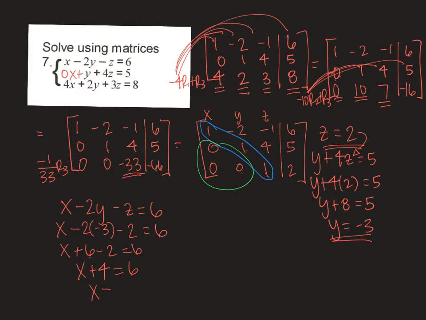And when I subtract my 4, I get 2 for x. And just like we did in the first 3 sections, we always write our final answer in either an ordered pair or an ordered triple. In this case, an ordered triple. So 2, negative 3, 2.